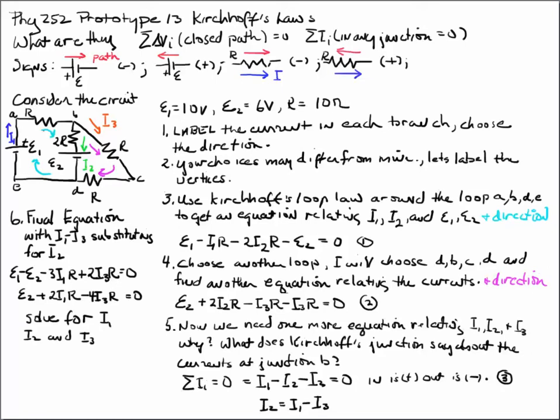Now it's up to you to solve for I1, I2, and I3. Note that the physics is setting up the equations. Once you get to the equations, from then on, it's mathematics. It's linear equations. So this is the end of the problem.